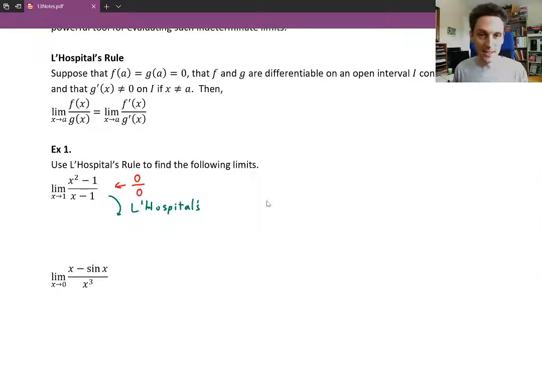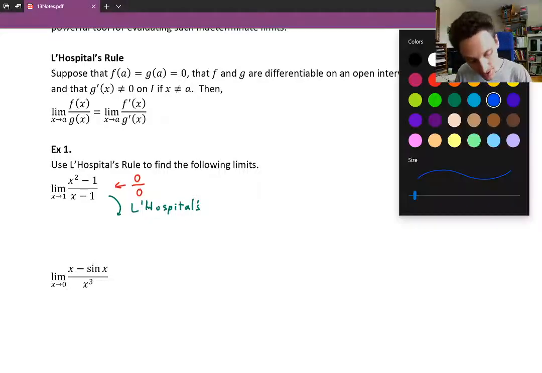Now I know it looks like hospital. I don't know what to say other than it's a French name that, at least here in the US, is pronounced L'Hopital. I don't know if that's the way you pronounce it in France, but that's just typically how I've heard it said. So I'm passing that along to you guys, for better or for worse.